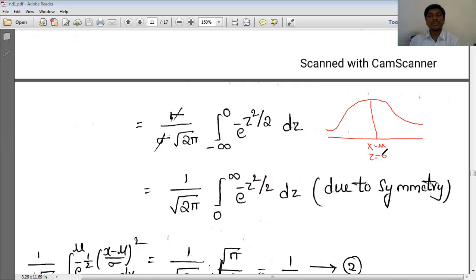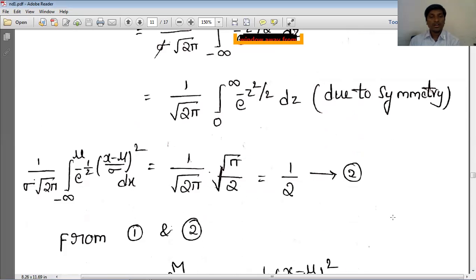It means the area from minus infinity to 0 is the same as from 0 to infinity, because the total area under the curve is 1. So due to symmetry, we change it to the integral from 0 to infinity of e power minus z square by 2 dz.